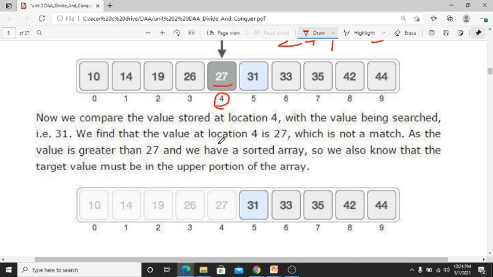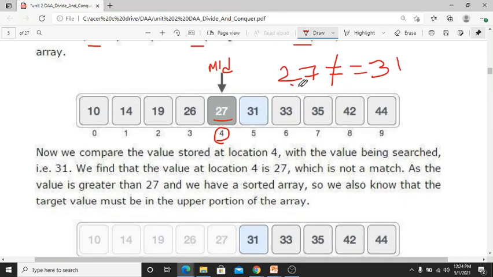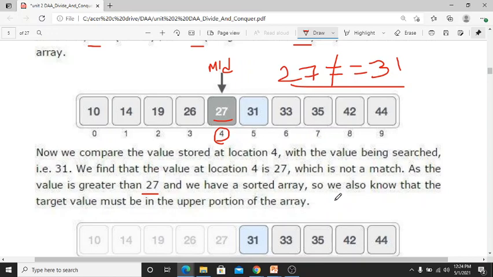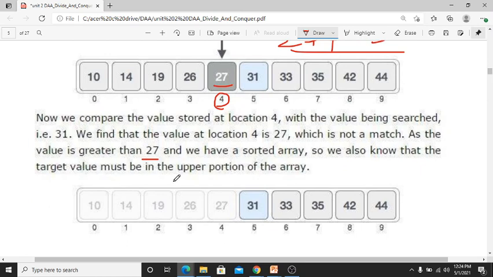The search item at location 4 is 27, which does not match. So 31 is greater than 27. Yes. And since we have a sorted array, we also know that the target value must be in the upper portion of the array.